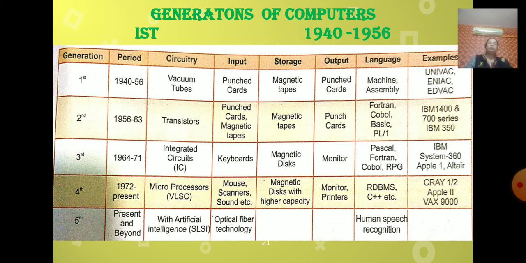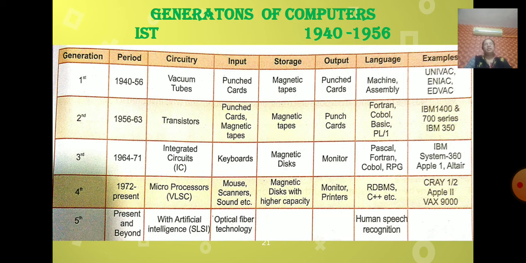What are the languages? Machine and assembly language. What are the examples of computers? UNIVAC, ENIAC, EDVAC. So which circuitry was used in the first generation computer? Vacuum tubes.